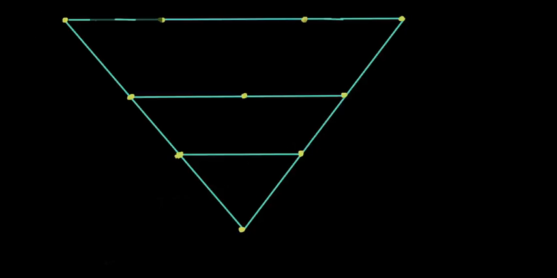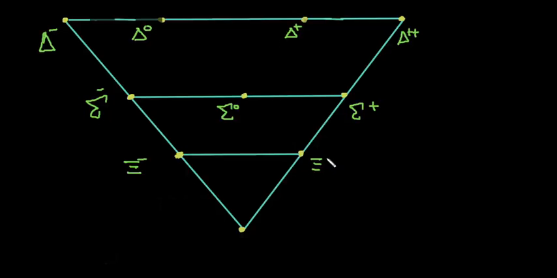So here you will have delta minus, delta naught, delta plus and delta double plus. Similarly here you will have sigma minus, sigma naught, sigma plus. Here you will have cascade minus, cascade naught, and here you will have omega minus.